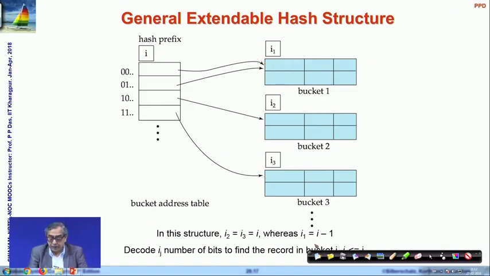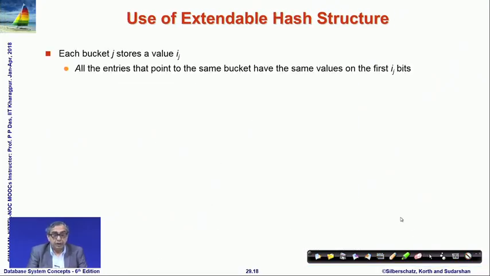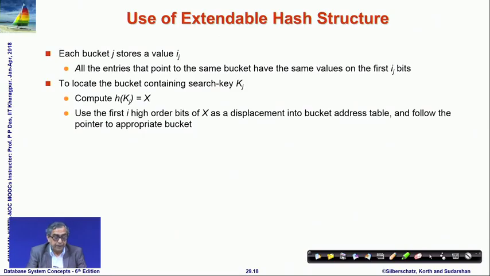So, I am sure this probably is not making much sense immediately. So, let me move to a detailed discussion. What I was saying is that each bucket j stores a value i j. All the entries that point to this bucket have the same value on the first i j bits. So, these i j bits are identical, and all of them have come to this bucket.